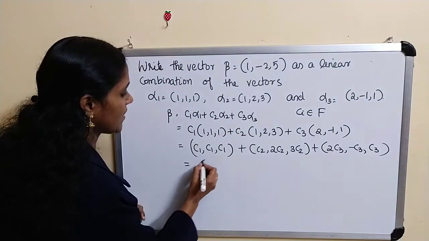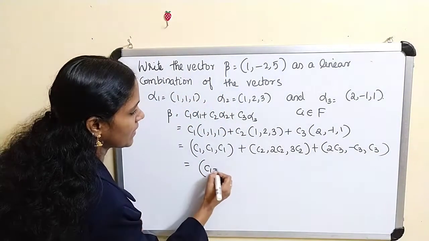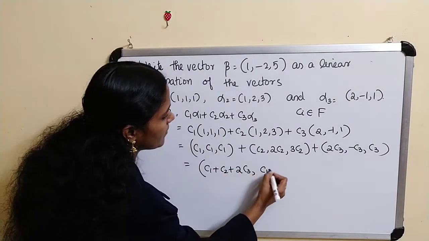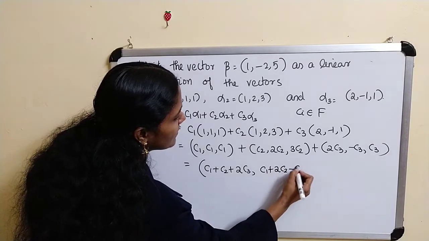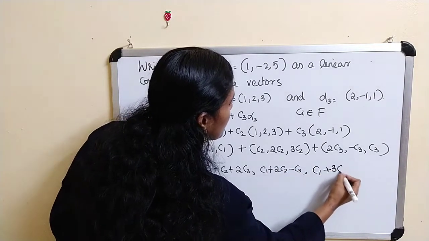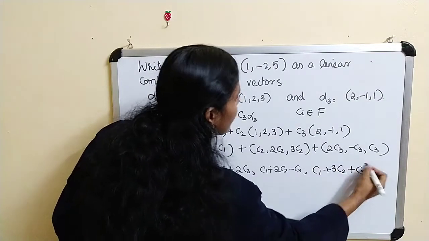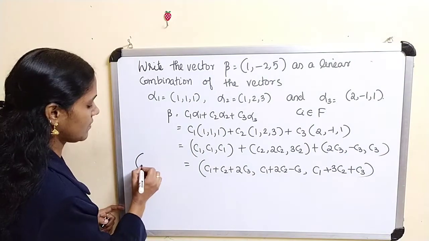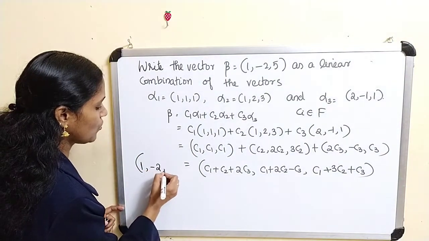And finally, this is equal to (C1 plus C2 plus 2C3, C1 plus 2C2 minus C3, C1 plus 3C2 plus C3). Okay. So, what is our beta? Beta is (1, -2, 5).